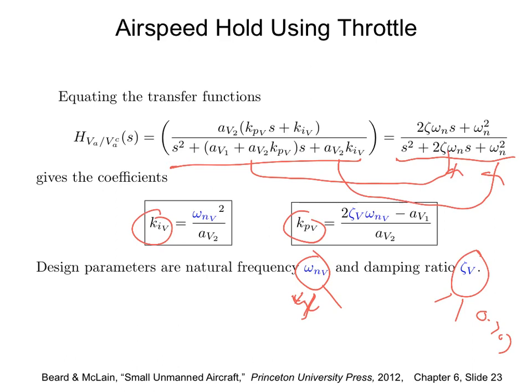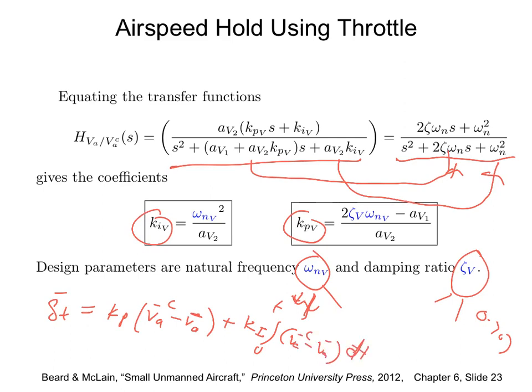Here, what we are doing is saying delta T bar equals KP into (VA bar commanded minus VA bar) plus KI times the integral from 0 to t of the same error, VA bar commanded minus VA bar, dt. So that's your delta t bar. That's how you implement it. We'll show you how exactly we implement a PID loop, but that's what this means. We are computing KP and KI using these two.